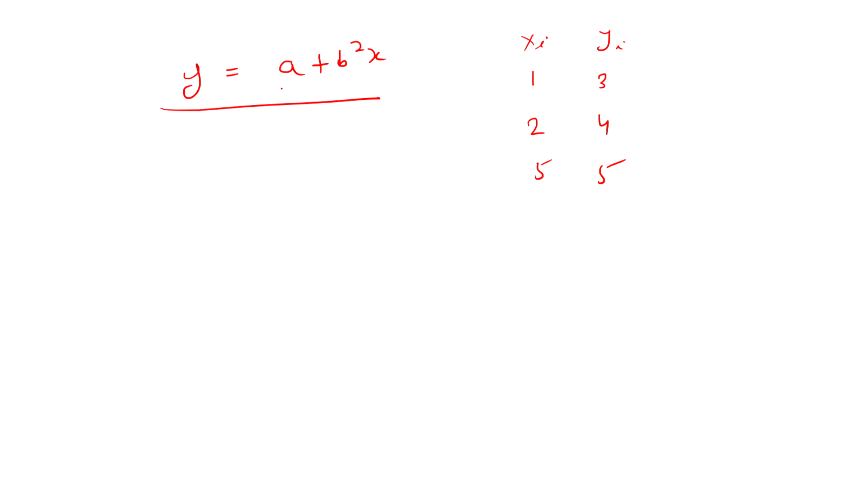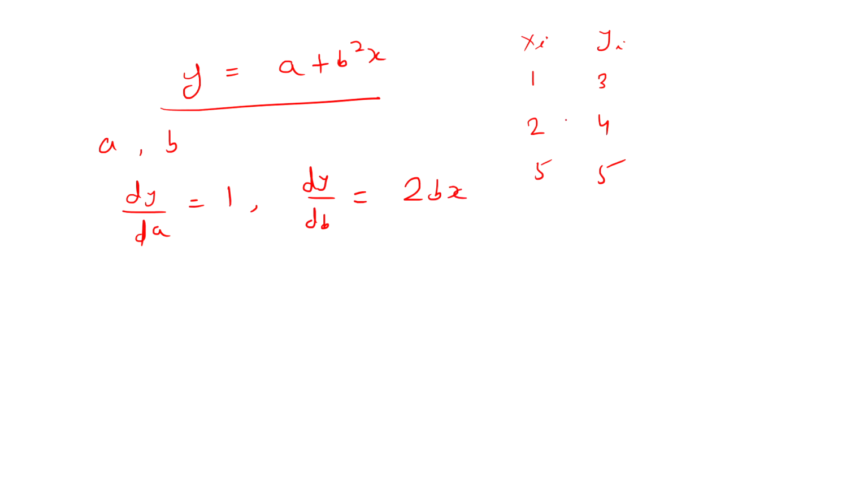So let us write down the matrix. Let us write down the derivative of this function y with respect to the parameters. The parameters are a and b. Now why are we calling it a nonlinear regression? Because this is not linear in parameter b, because we have the power of 2 of parameter b. So dy over da is nothing but 1, and dy over db is nothing but 2bx.